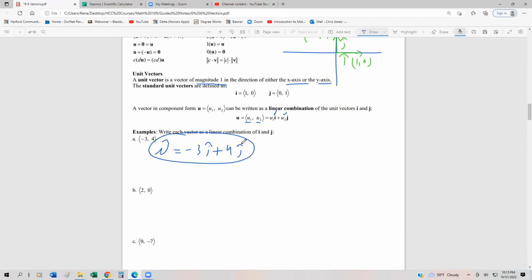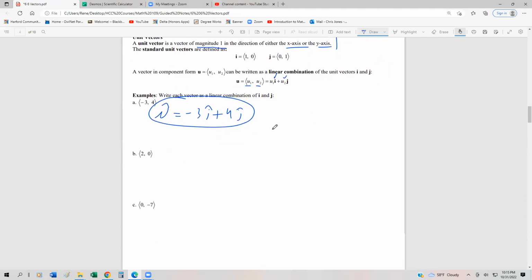That's literally all you have to do to write vectors from the component form into a linear combination. If I had this vector, which I'll call u, that would be 2i plus 0j, or another way to write that, because 0 times j would be 0, is that u would be equal to 2i.